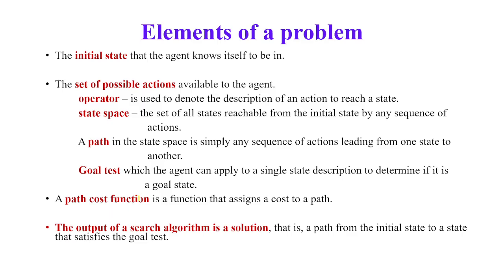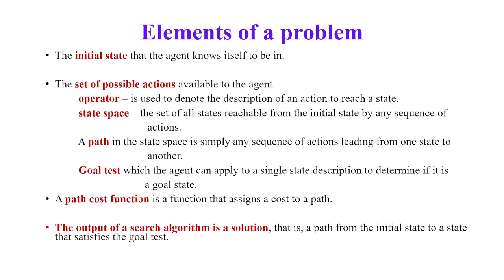Next, what is a path? A path in the state space is simply any sequence of actions leading from one state to another. So the moves that you make form your path so that you reach the final state, that is the goal state. What is the goal state? It is a function, or we say a goal test.